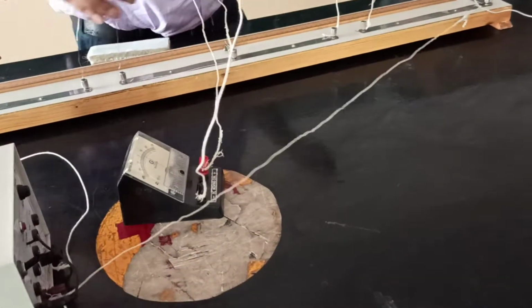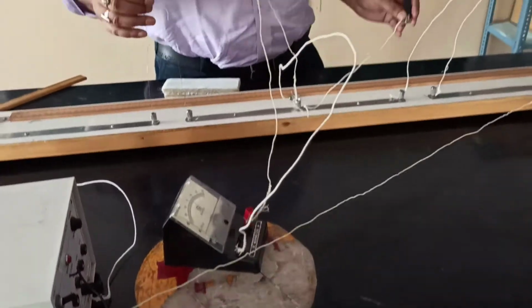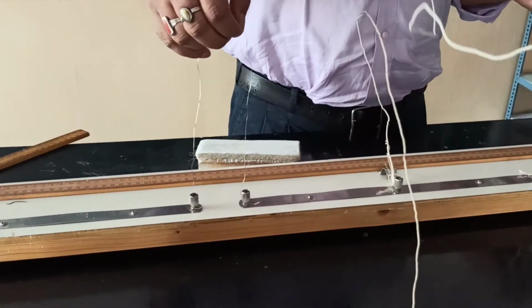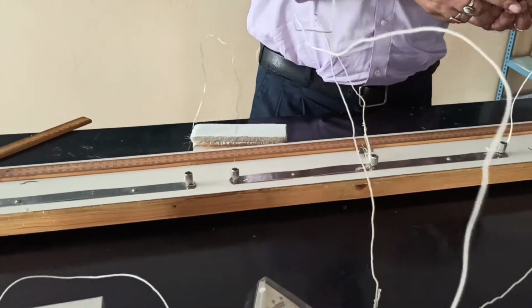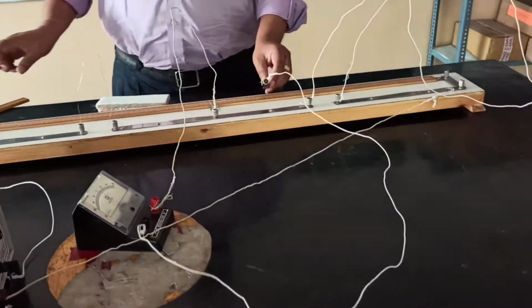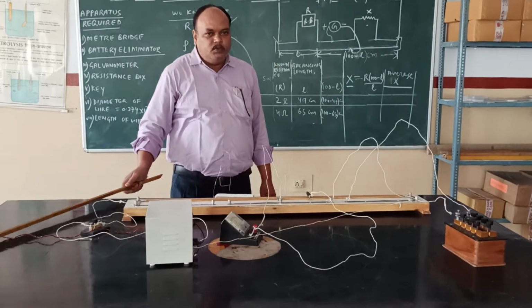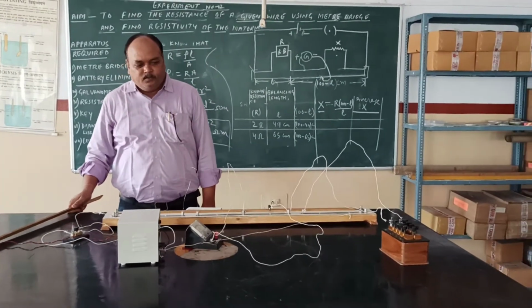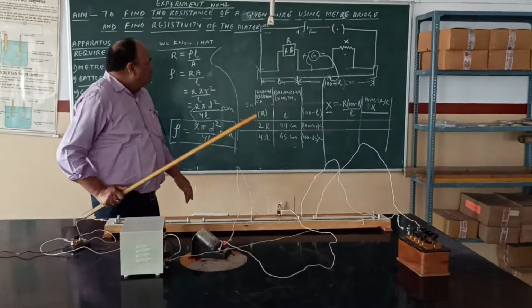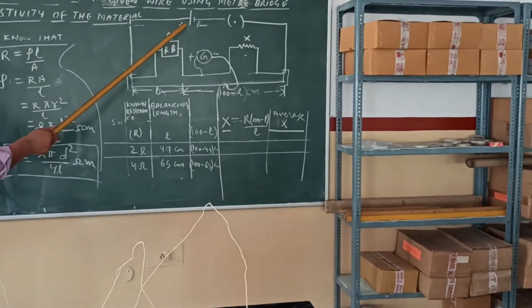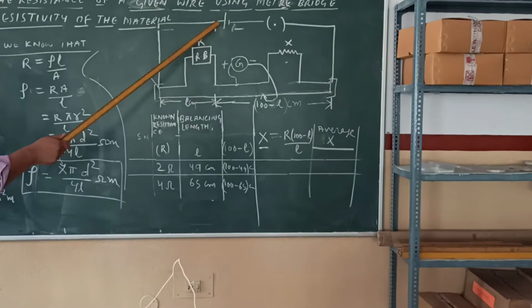Now, how will we find out the resistance of this material? This is very important to know. The meter bridge experiment is based on the principle of the Wheatstone bridge. So here is our circuit diagram.